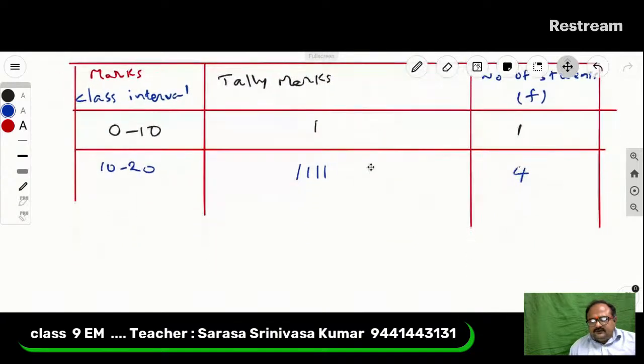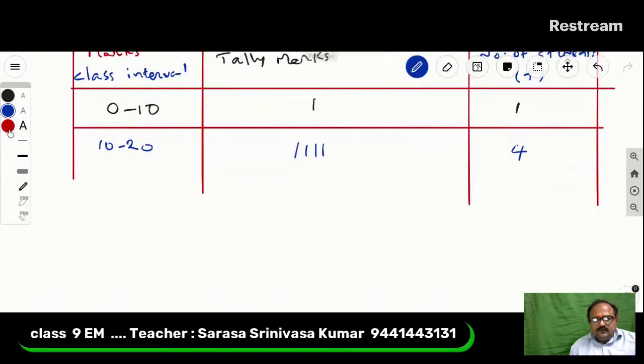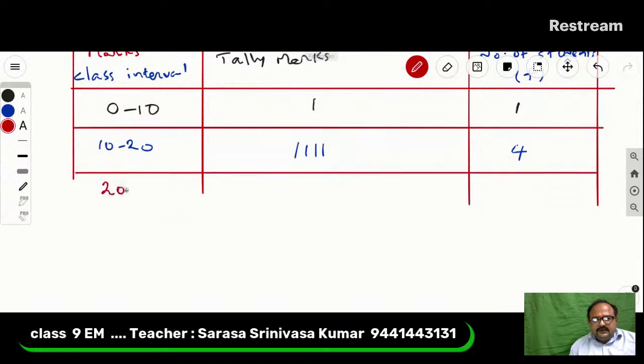And next we write the tally marks and frequency for class interval 20 to 30. How many students are there in this class interval? 3 students got marks from 20 to 30. So we write the tally marks 3.